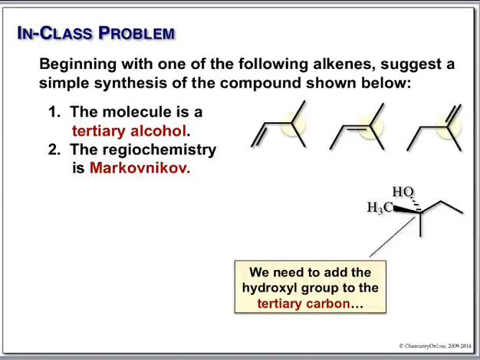So this guy, and this guy. These two, very clearly, we could add aqueous acid. The OH would go to the tertiary carbon. With this one, we would form a carbocation here, but it would rearrange to the tertiary carbocation.